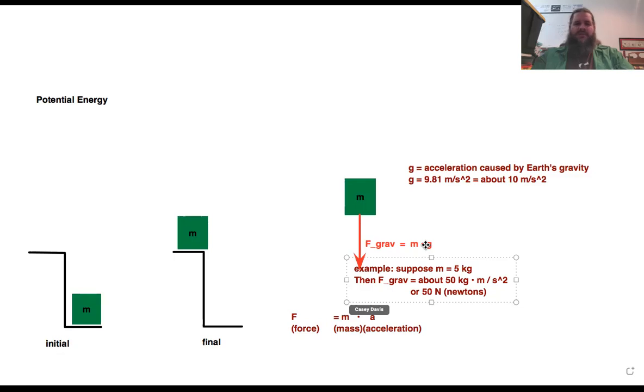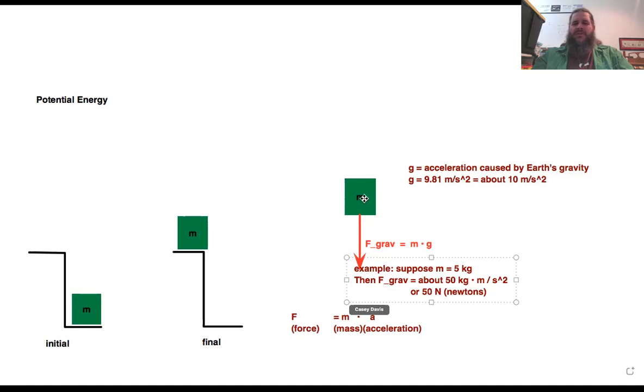Any other questions on the force of gravity so far? So let's say this object is not in free fall. Let's say you're holding the object and you want to lift it up, or even just hold it still.